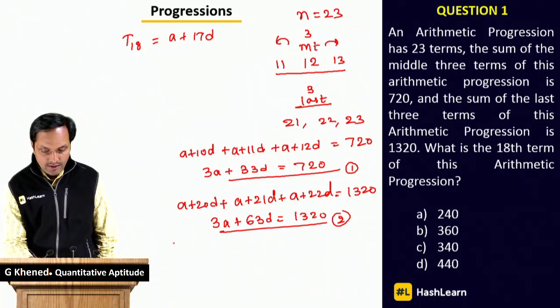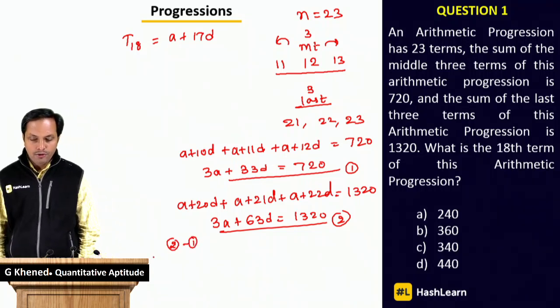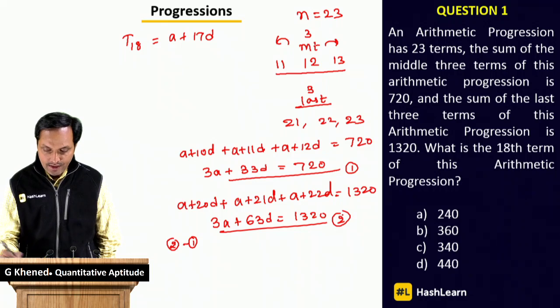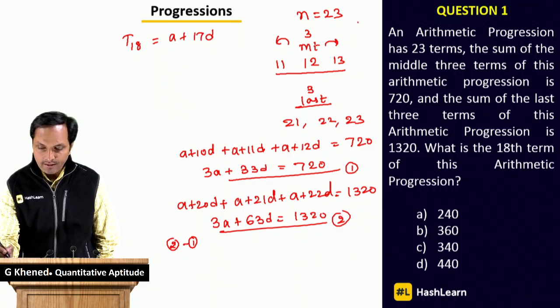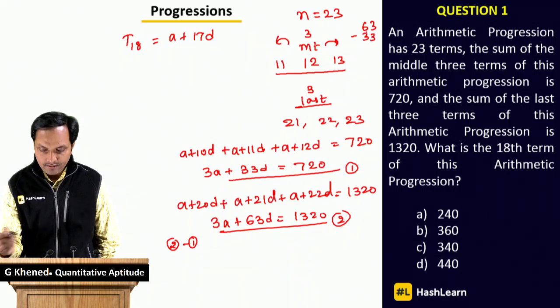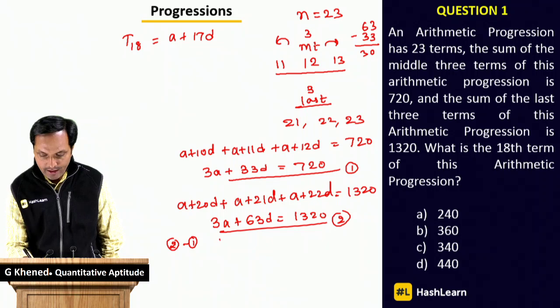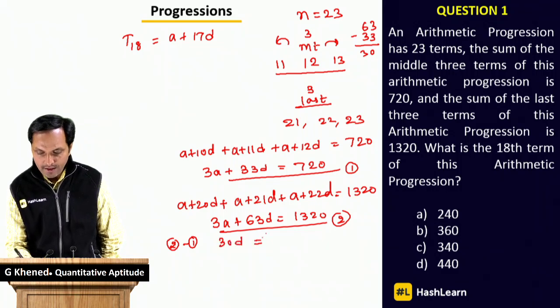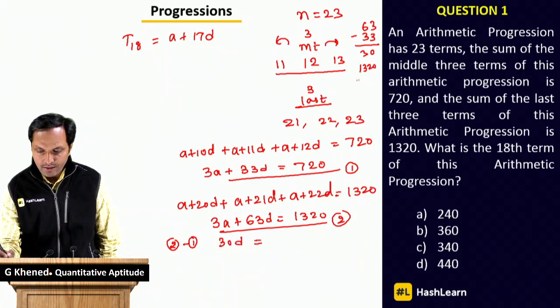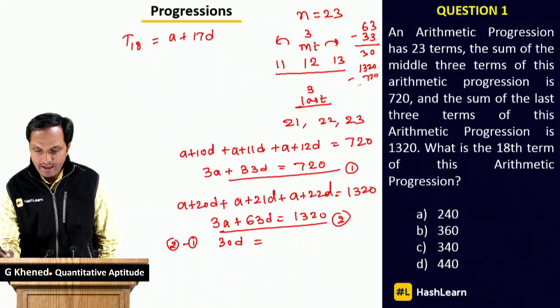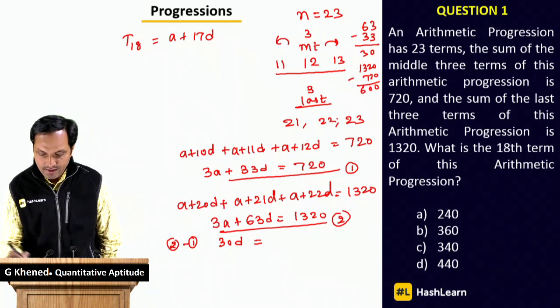If you subtract 1 from 2, this gives you 63 minus 33, 3A cancels, that is 3 minus 3 is 0. That is 30D is equal to 1320 minus 720, which is 600.